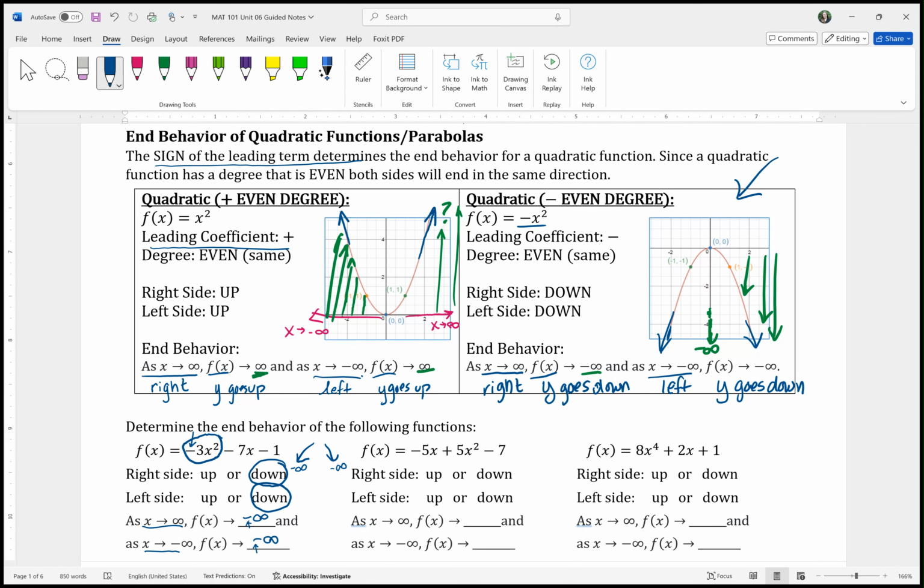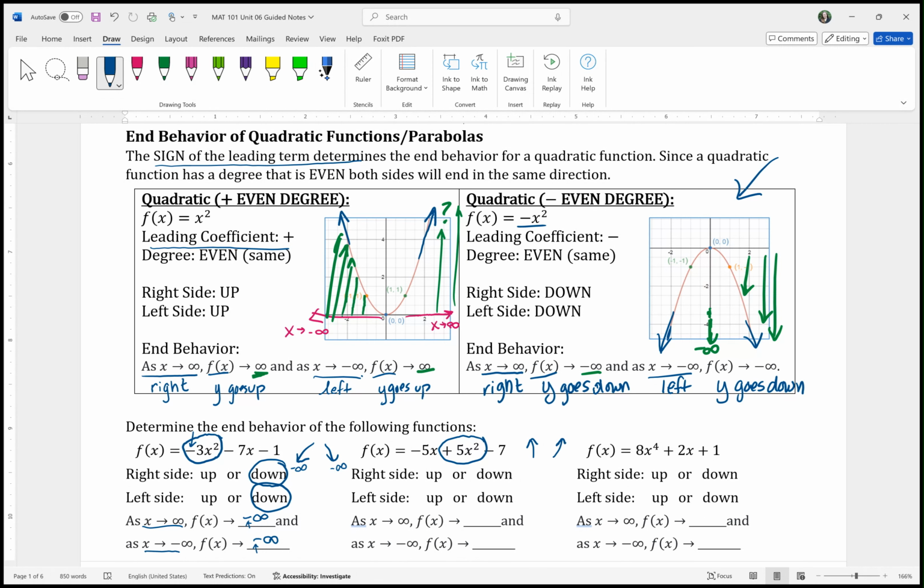F of x equals negative 5x plus 5x squared minus 7. Be careful here because it's tricking you because it's not in descending order. So what is our leading term in this one? It is not the negative 5x. It is positive 5x squared. So this is positive in the front. That means both are going up.